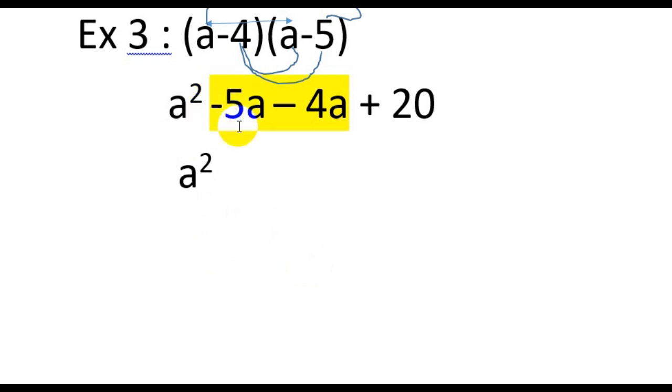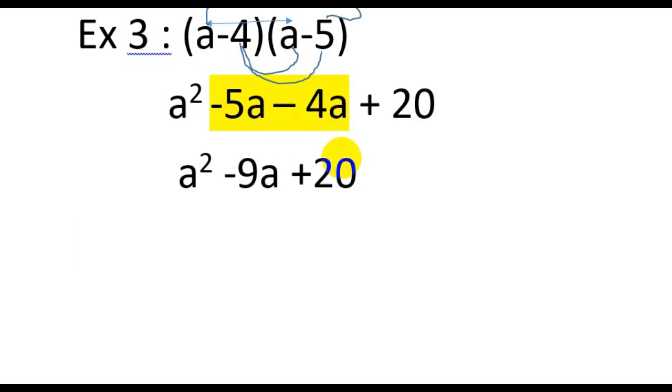So you are owing 5 rupees and again you are owing another 4 rupees, so altogether your credit is 9 rupees. So minus 5a minus 4a is equal to minus 9a. It is not plus. As I mentioned, don't confuse the product, multiplying the terms, with summation and difference. Plus 20.